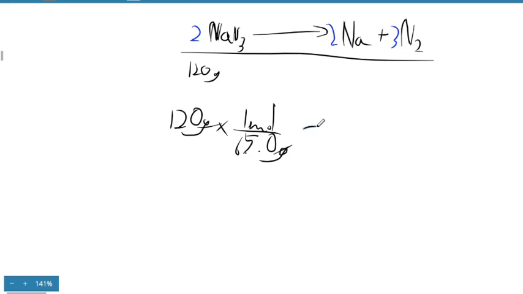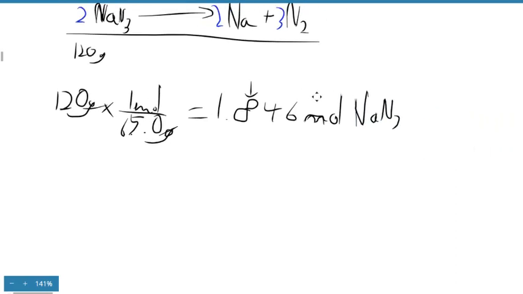Now notice right away that 120 is 2 sig figs, so this will limit our answer. 1.846, 2 sig figs, and this is moles of NaN3. Let's write that.